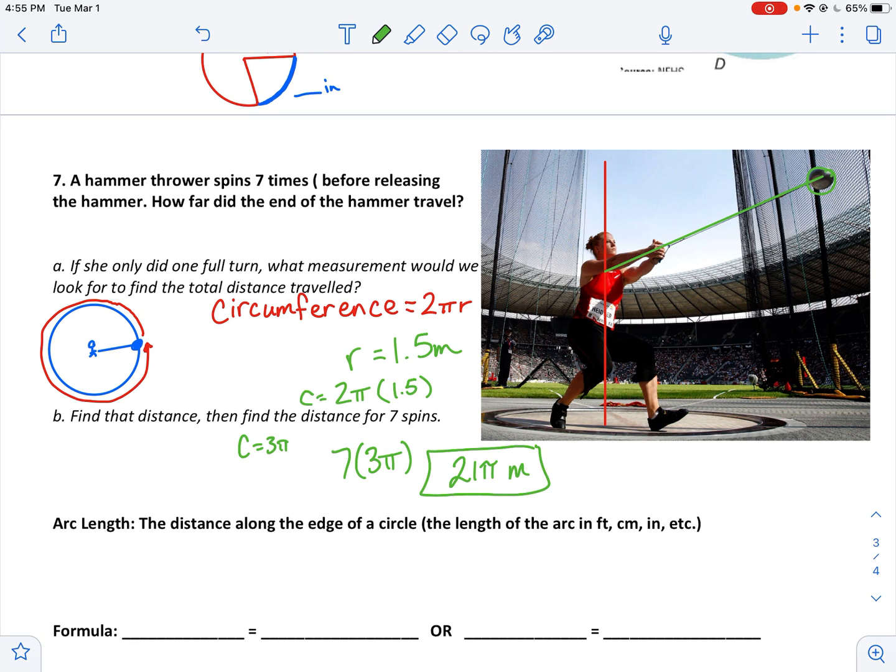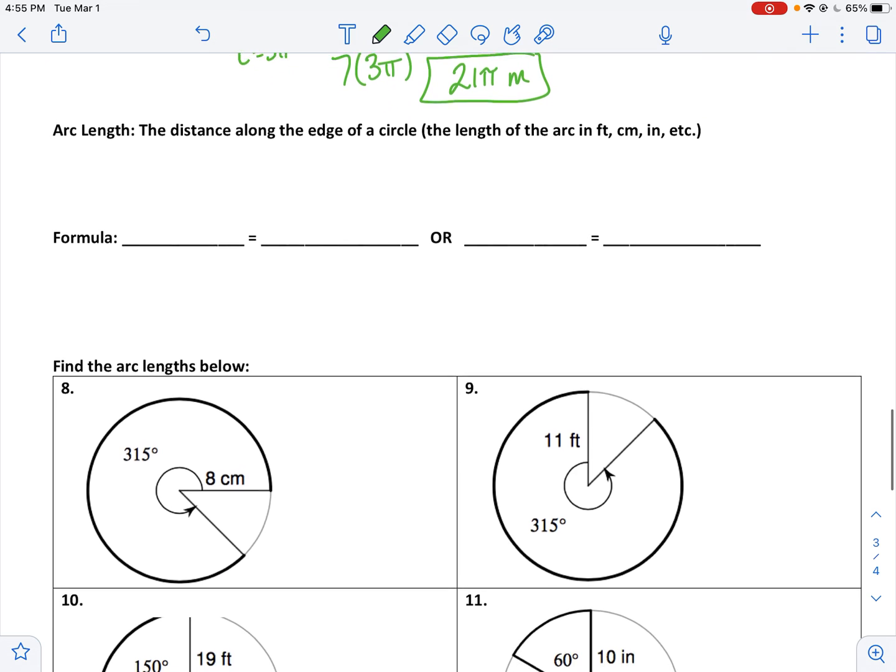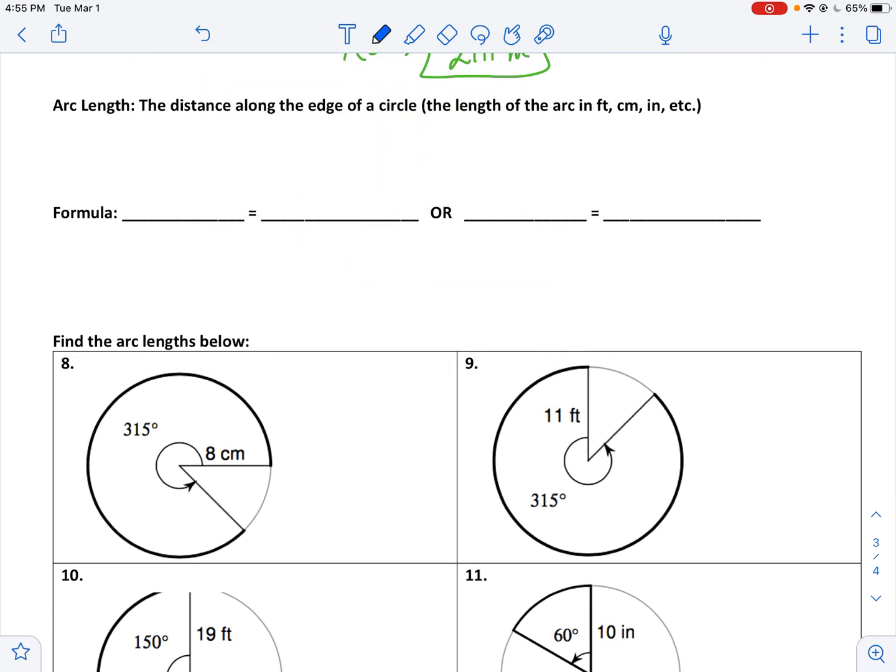So our formula here, anytime you're trying to find the arc length, what you're really trying to find is the circumference, but I don't want the whole circumference, because typically, like if you look at number 8, I just want some part of it. So this is the whole circumference, 2 pi r. What fraction of that circle do I want?